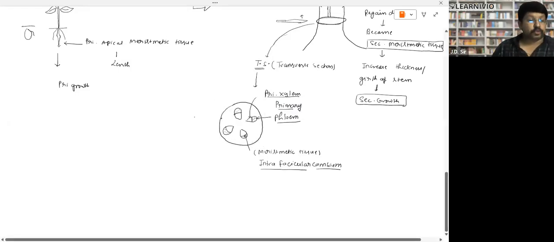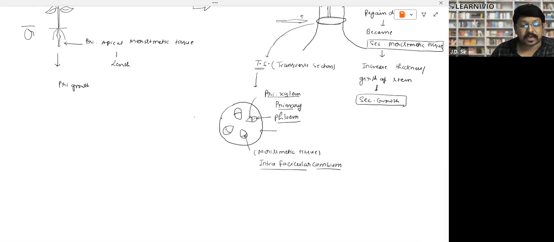Again, between these tissues there is this ground part. This ground tissue is made up of permanent tissue, parenchyma.